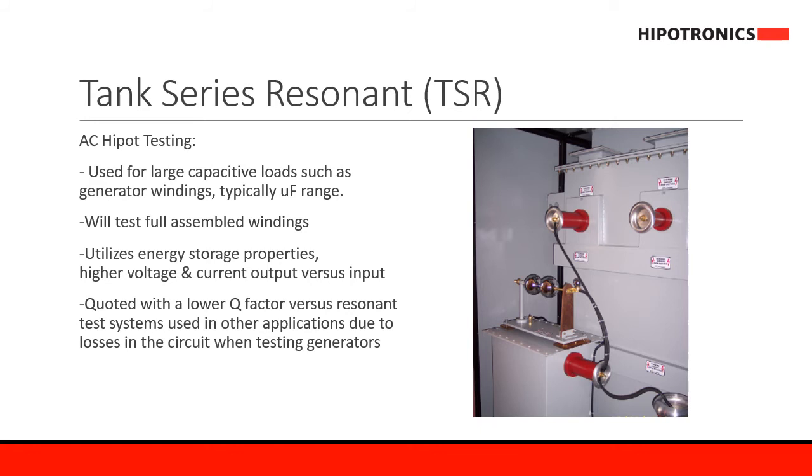The TSR can test fully assembled windings, and it can utilize energy storage properties, higher voltage and current output versus input. The TSR can come with lower Q factor versus resonant test systems used in other applications due to the losses in the circuit when testing generators.